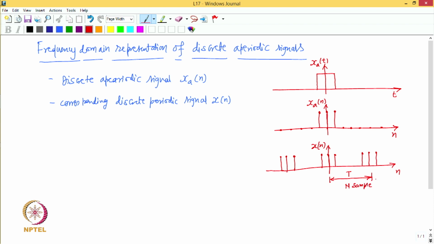So if fs is the sampling frequency, then the number of samples in this capital T time period will be N.